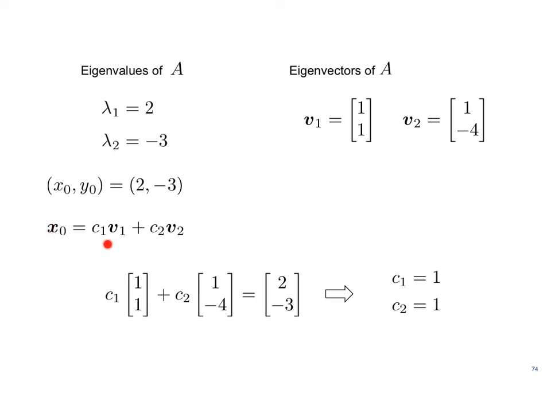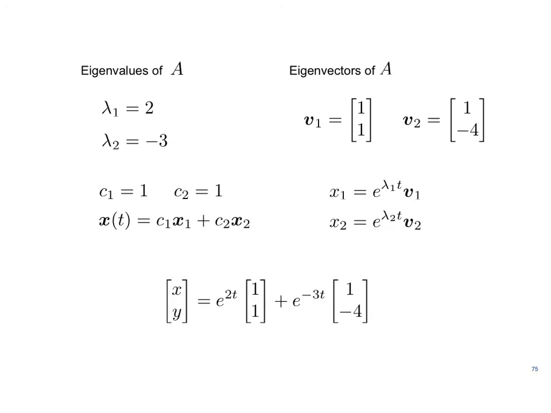Therefore we have something like this, and this is just a system of two equations. This is the corresponding unknown, and you can just have the corresponding coefficients that satisfy the solution for that initial condition. Then you can have actually the solution to be like this.